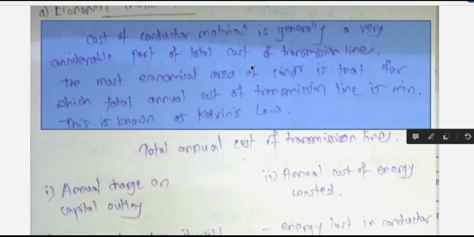Kelvin's law states that the most economical area of the conductor is that for which the total annual cost of the transmission line is minimum.